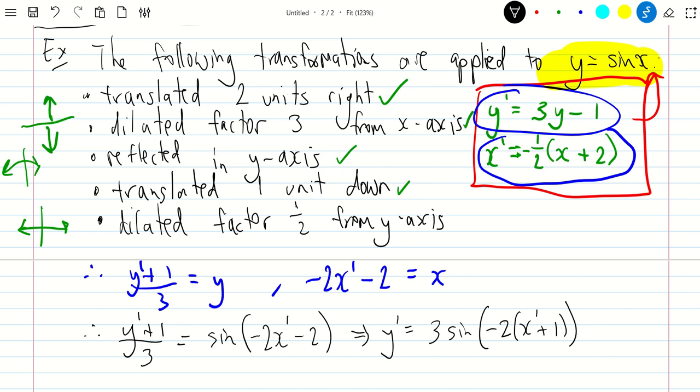So 3 sine -2, I'll just make sure I've done that. Yep, that's all good. So I've just tidied up that inside. And don't let me forget to minus that 1. So we need to minus that 1 from over there. -1. And so that is our transformed equation.